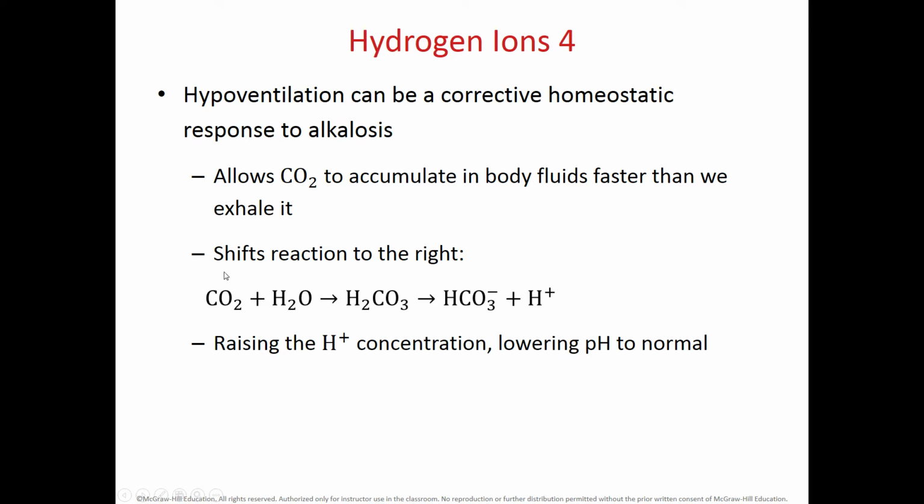So you will hypoventilate, so you can increase CO2, so you can combine it with water, so you can form carbonic acid, H2CO3, and this carbonic acid will be converted into bicarbonate and into hydrogen because you need hydrogen ions, so you will raise your hydrogen ion concentration and then you lower your pH to normal. Like if you had a pH of 7.5, you will bring it to 7.45 or so.